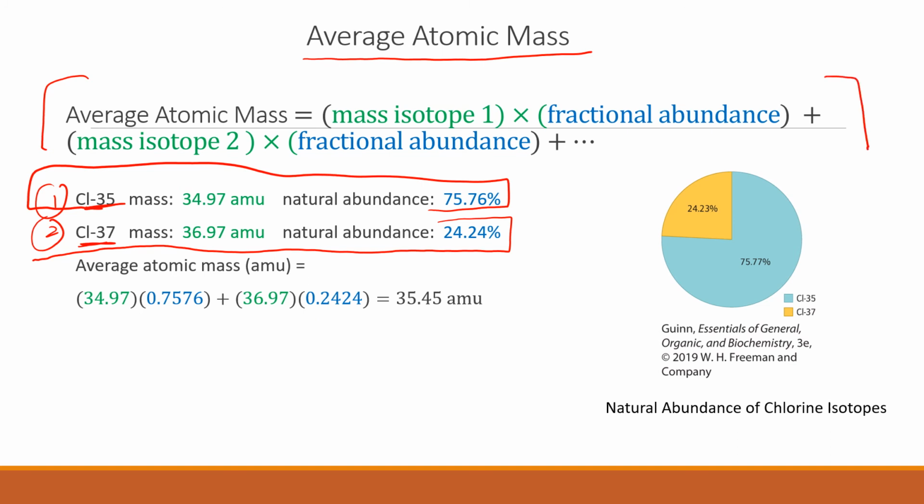When you want to calculate the weighted average, the formula we use is the mass of isotope 1 multiplied by its fractional abundance. How do we calculate fractional abundance? We just divide the percentage by 100. Let me show you how we apply this formula.